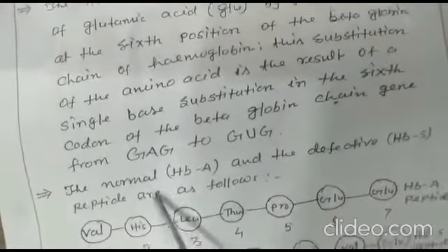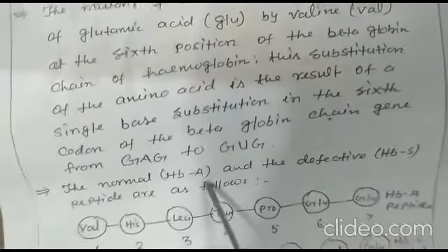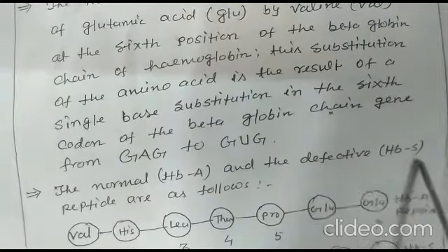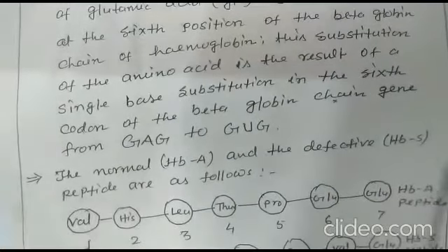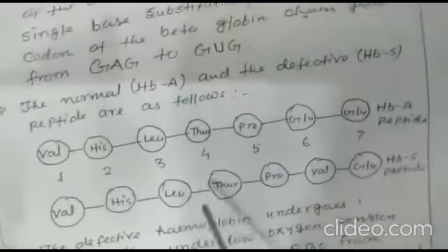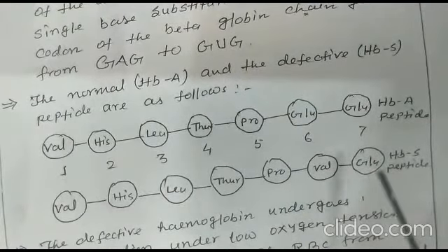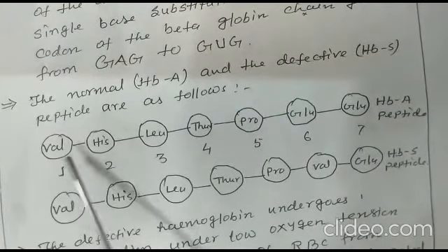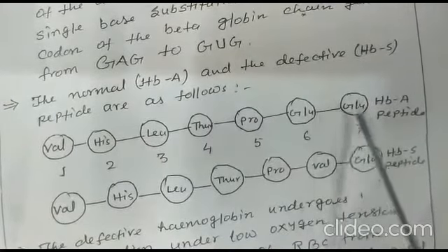Now we have to see what the normal chain is. Normal hemoglobin A and the defective hemoglobin S peptides are as follows. By seeing this diagram you can understand it. There are 7 amino acids which make the polypeptide chain: valine, histidine, leucine, threonine, proline, glutamic acid and glutamic acid.